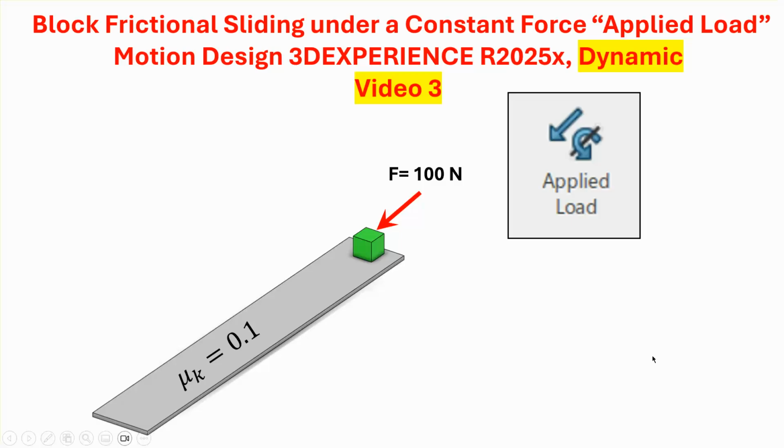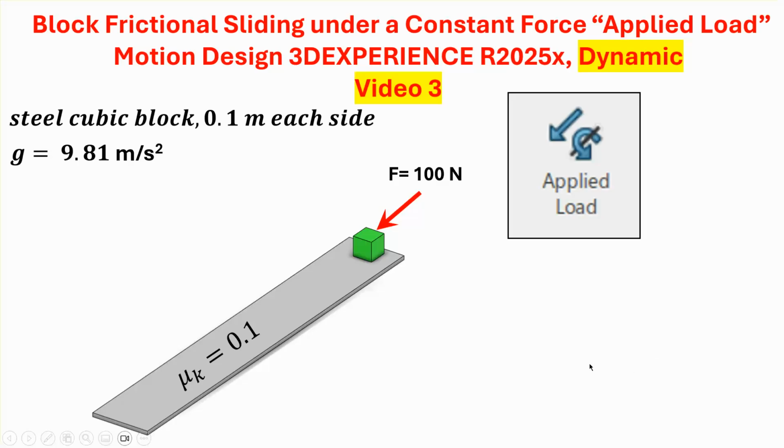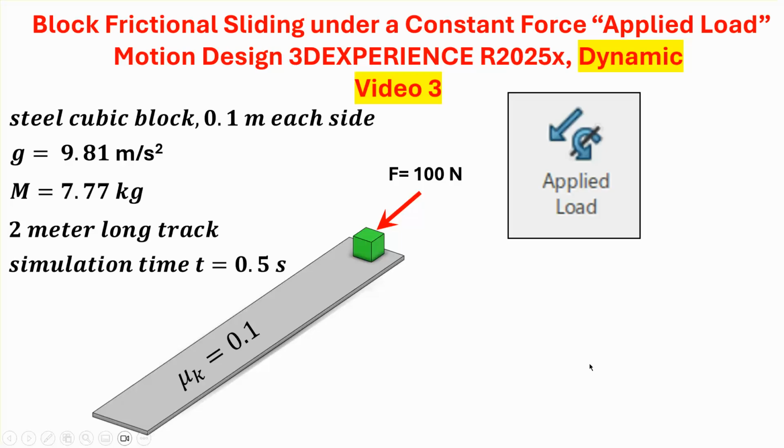Now, let me assume that the dimensions of the block and the surface or the track are given as shown here, although these dimensions of the track may not come into the calculation, but because I'm going to be modeling this thing for you in the video, I have some dimensions specified.